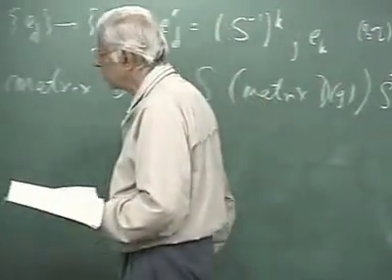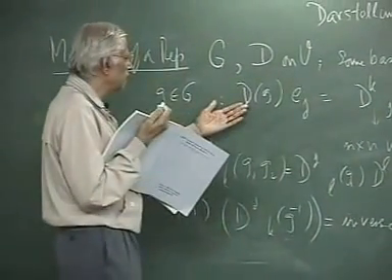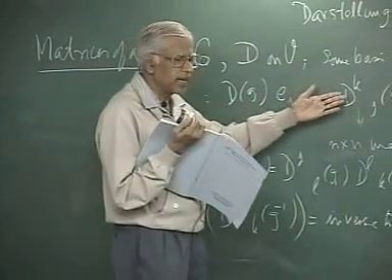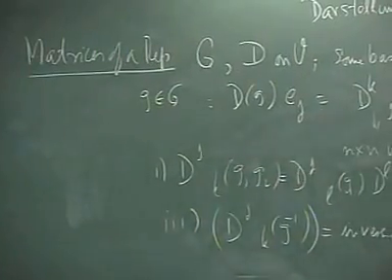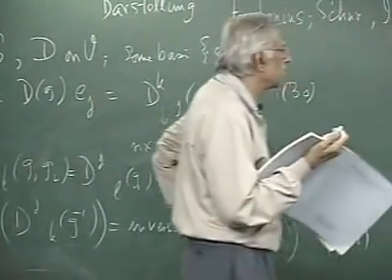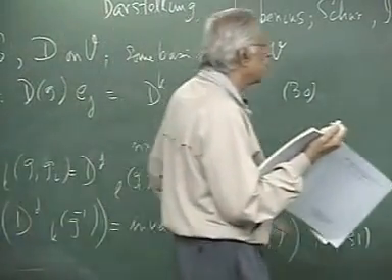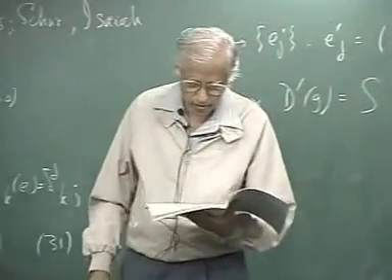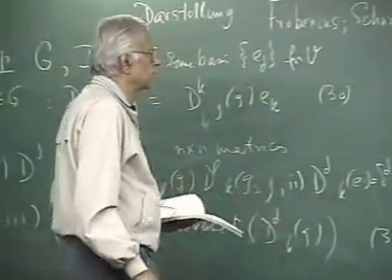I am using the symbol D of G, depending on context, to stand sometimes for the linear transformation and sometimes for the matrix in a certain basis. So in this equation, showing what happens when you change your basis, I have written the word matrix explicitly on both sides. All right. So you can see a change of basis amounts to going to an equivalent representation.